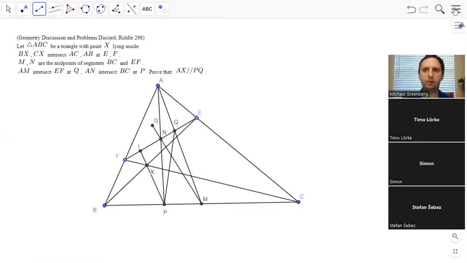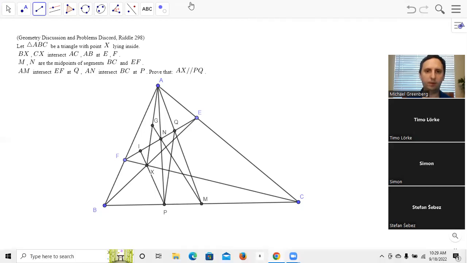Wait, how is G defined? Is it just the intersection of, I forgot. The midpoint of AX. Oh, that's right. Do P, E, C, N, and A, M concur?